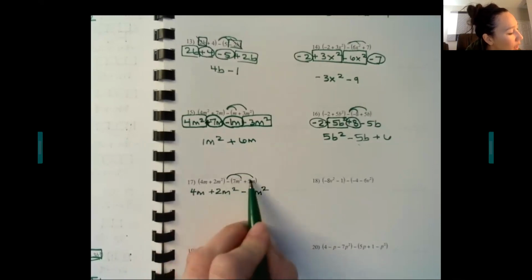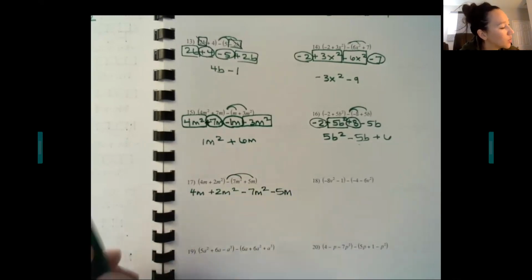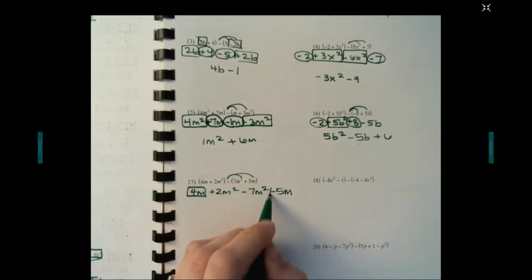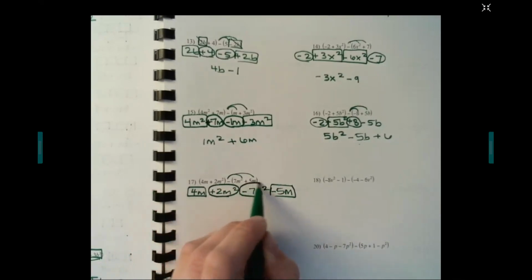Yes. And then the 5m becomes negative 5m. Okay, now tell us what you boxed and circled. So first I boxed 4m and negative 5m. Good. And then I circled 2m squared and negative 7m squared. Good.